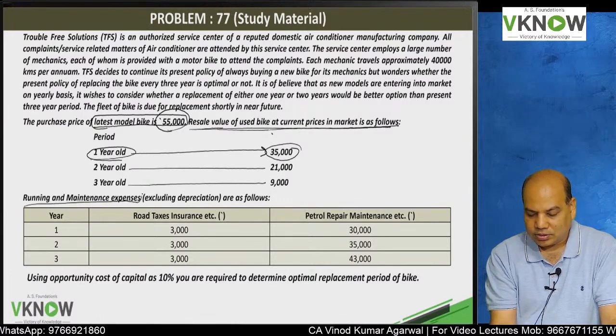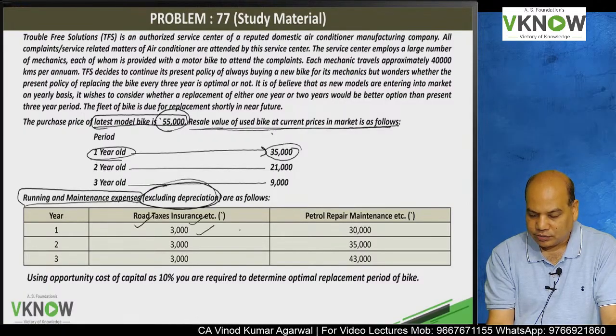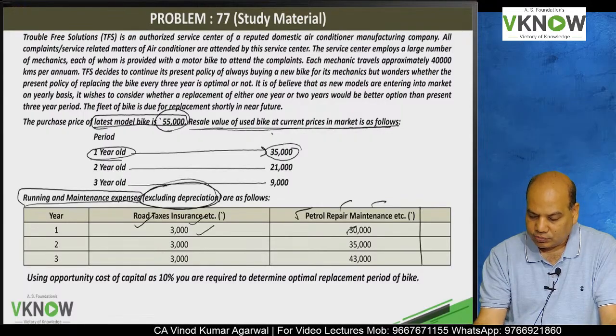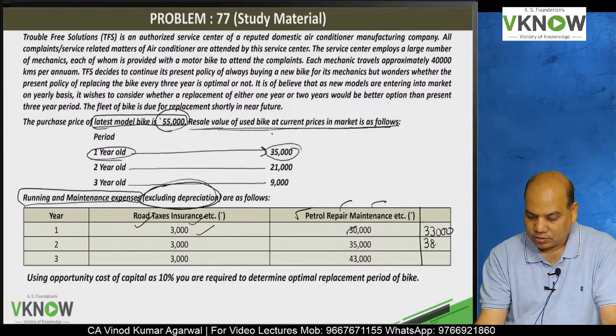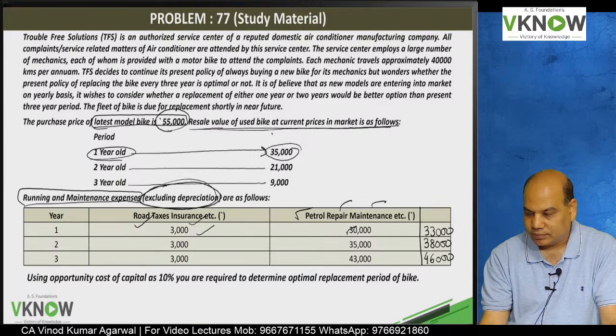Running and maintenance costs, excluding depreciation, meaning cash expenses, are as follows: road tax, insurance 3,000, petrol, repair and maintenance 30,000, which means you have to incur 33,000 in the first year, 38,000 in the second year, 46,000 in the third year.